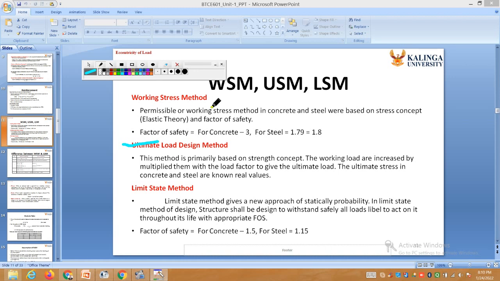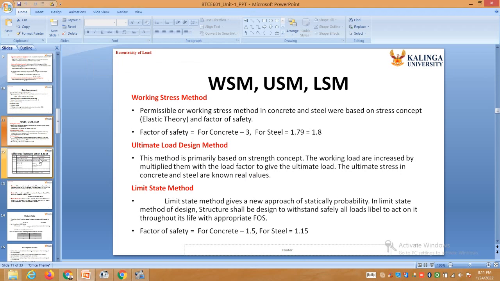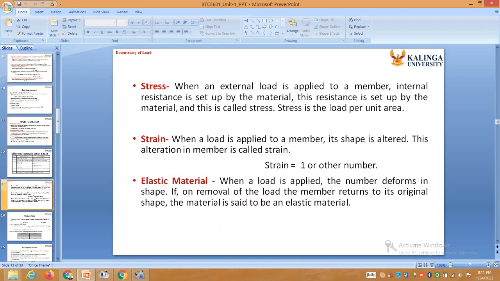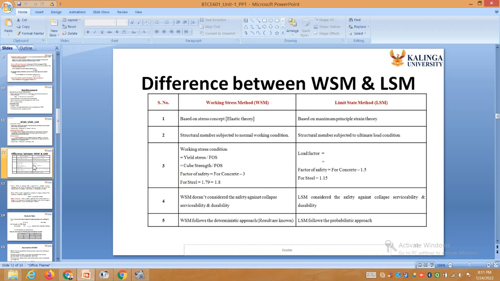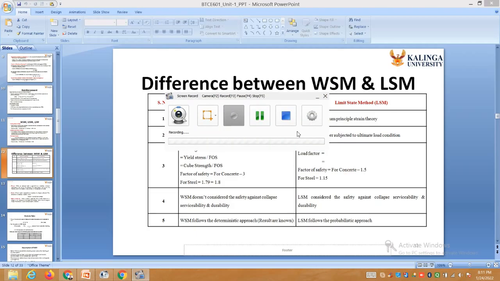So in this way, I have explained to you today the basic difference between working stress, limit state and ultimate load design method. In the next class, we shall discuss a few more concepts related to the design of concrete RCC structures. So let us stop here today.